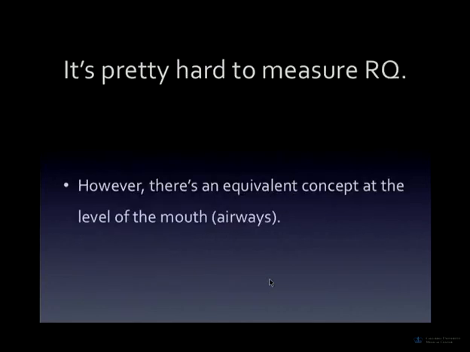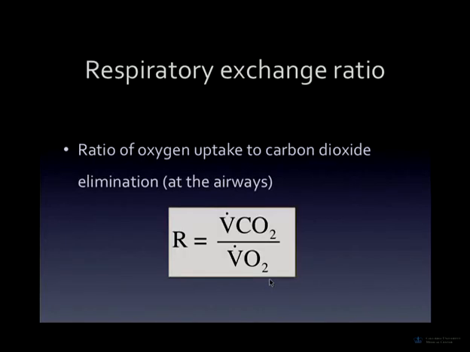It's really, really hard to measure RQ because it's right down at the level of your cells, and it's just very complicated. And it's one thing if you're sacrificing animals in a laboratory. That's generally frowned upon when you're taking care of patients. So fortunately, we have a correlate at the mouth, which is the respiratory exchange ratio.